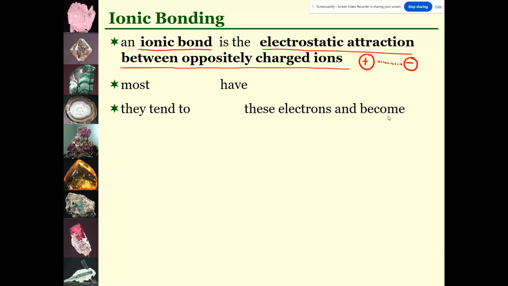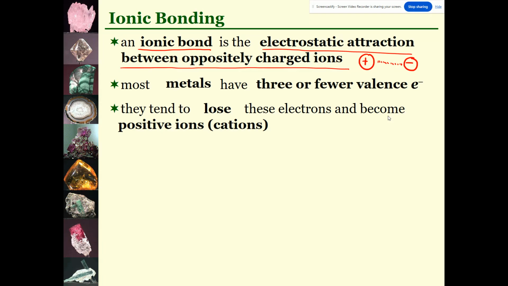There's this invisible attractive force between them, like magnets that make them stick to each other. Metals, as I said, usually have 3 or fewer valence electrons, so they lose their electrons to become stable, and we call them cations. So for example, this is what sodium as an atom looks like. When it forms an ion, it gets rid of that 1 electron to have no electrons.